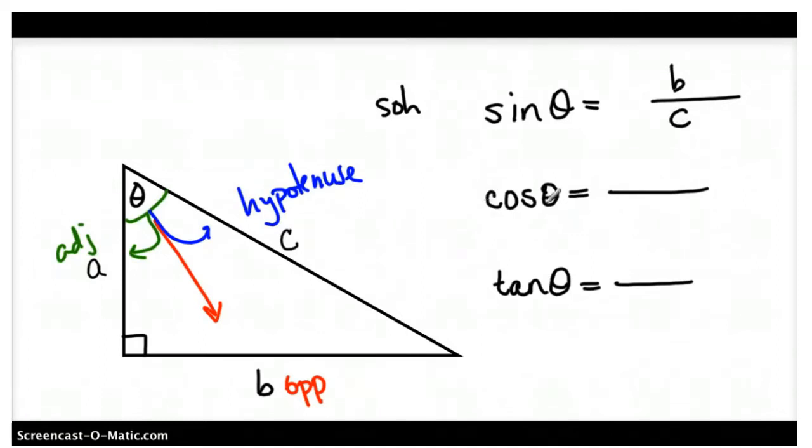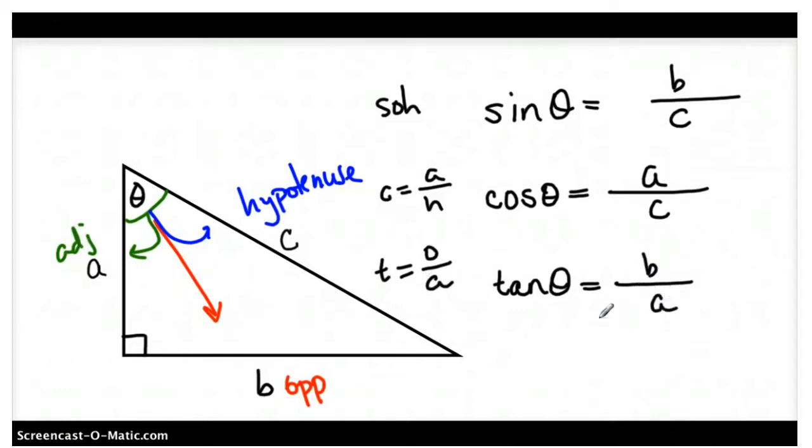Then for cosine, cosine equals CAH, adjacent over hypotenuse. So my adjacent is A, and my hypotenuse is C. And tangent equals opposite over adjacent, TOA. Opposite is B, the adjacent is A. So if I had numbers in one of these places and this angle, that's how I would set up an equation that I could then solve.